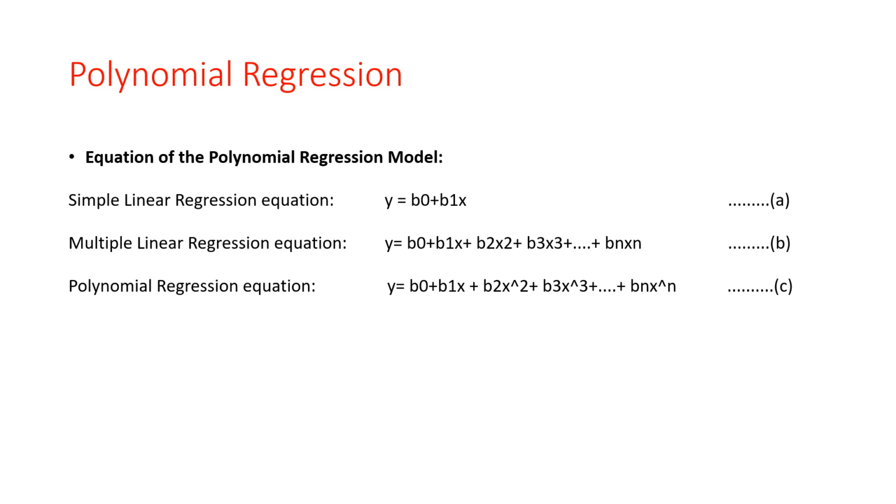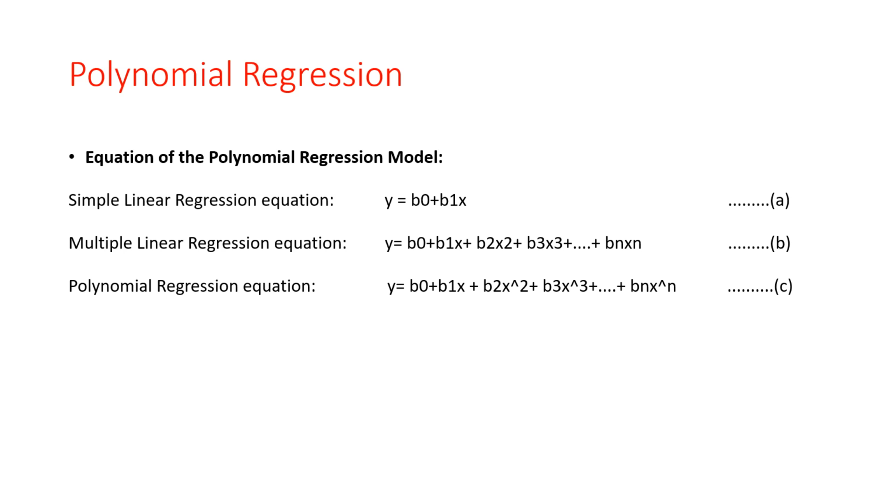In the polynomial regression equation, we have y equal to b0 plus b1x plus b2x square plus b3x cube up to bnx raised to n. When we compare these three equations, we can clearly see that all are polynomial equations but differ by the degree of the variables.